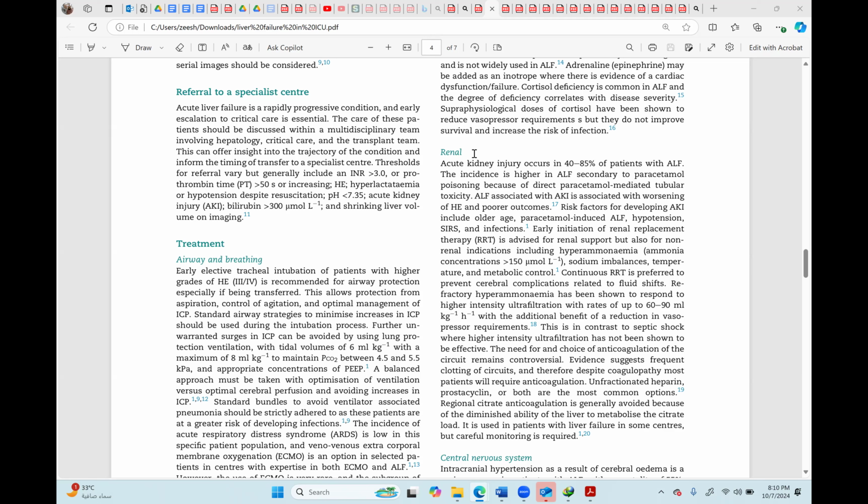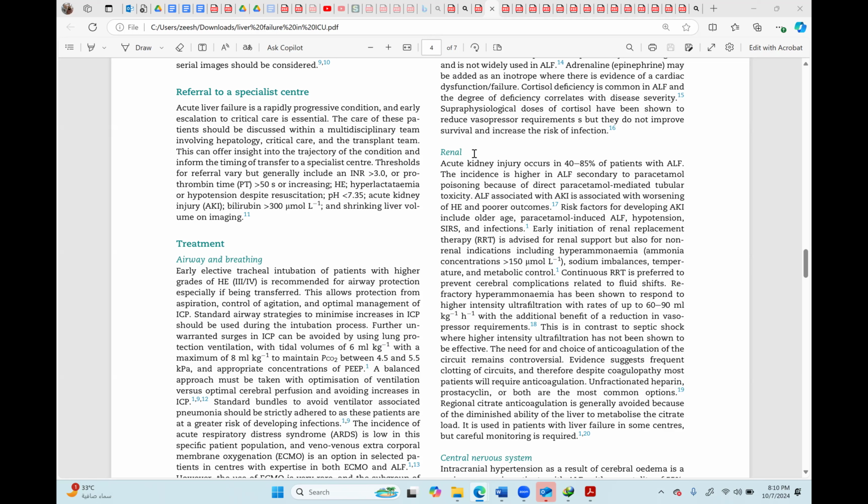Usually, it is for a longer time. And it is better tolerated by patients with hemodynamic instability. Hemodialysis will not be as well tolerated as compared to CRRT. So you see hyperammonemia, sodium imbalance, temperature, and metabolic control is preferred to prevent cerebral complications related to fluid shifts.